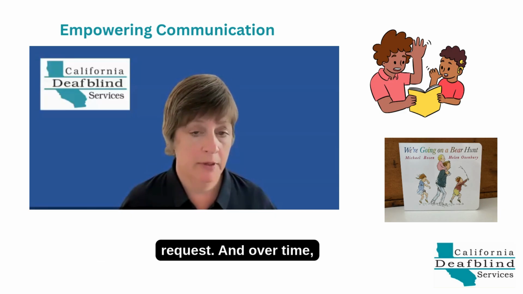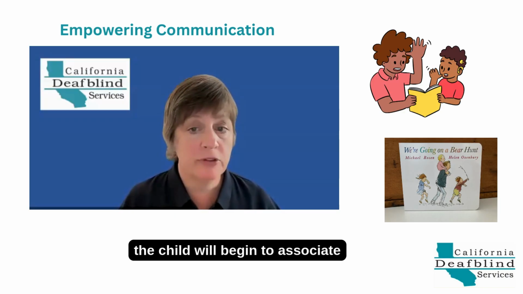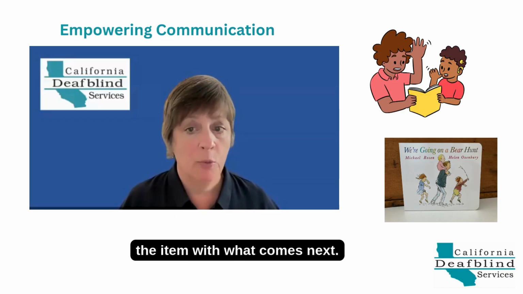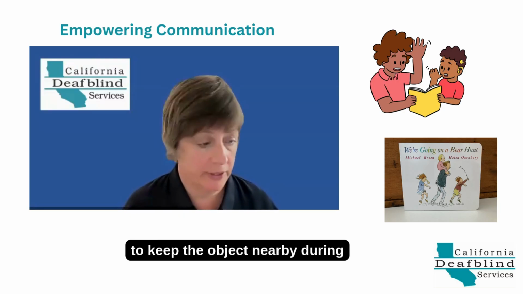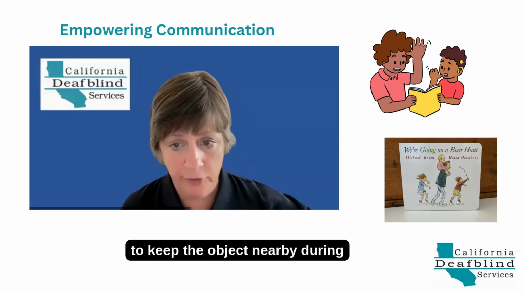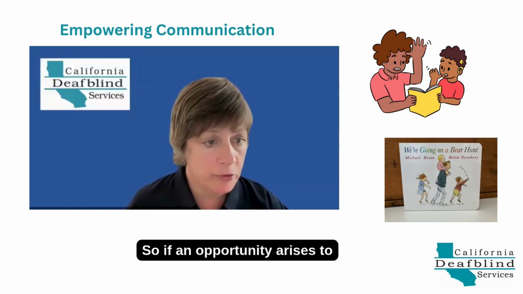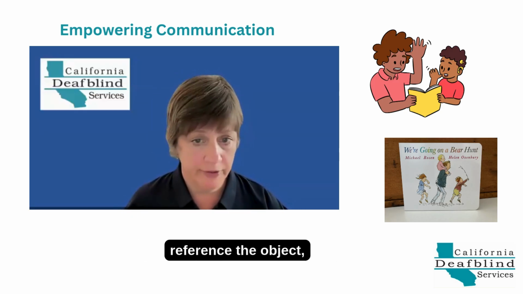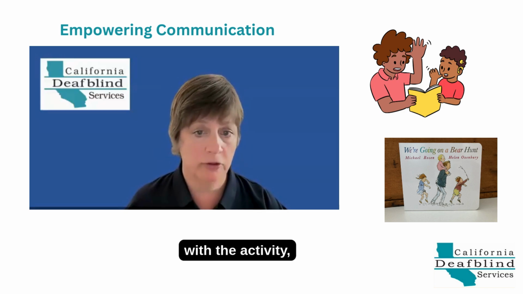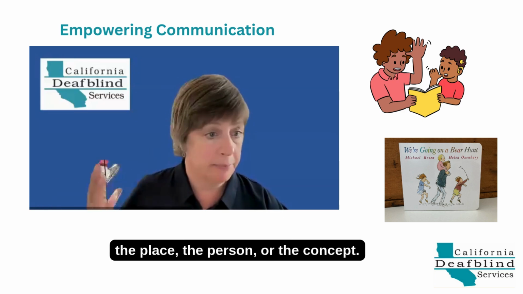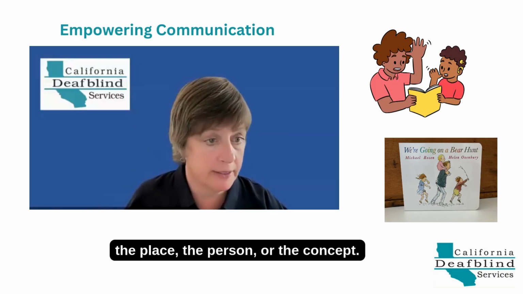And over time, the child will begin to associate the item with what comes next. So it can be very helpful to keep the object nearby during the activity. So if an opportunity arises to reference the object, it provides another opportunity to build association with the activity, the place, the person, or the concept.